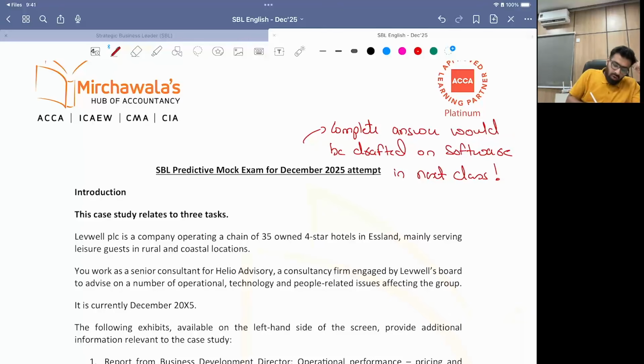In this class, we are going to plan the question, we are going to see the requirements, and we are going to see the answer planner that I have made.